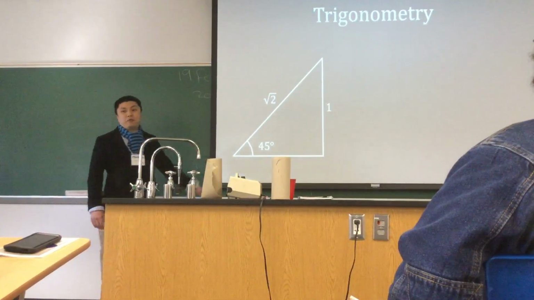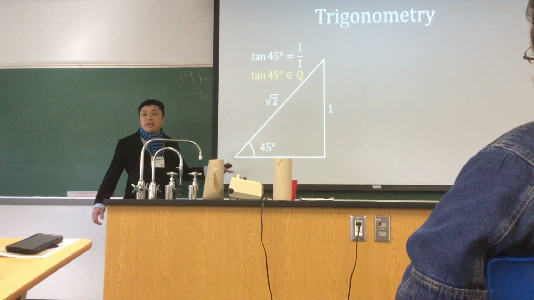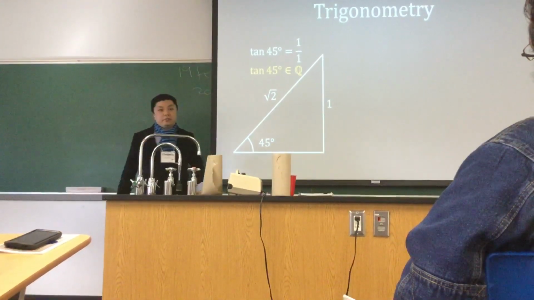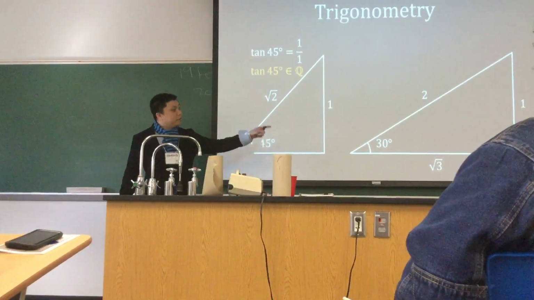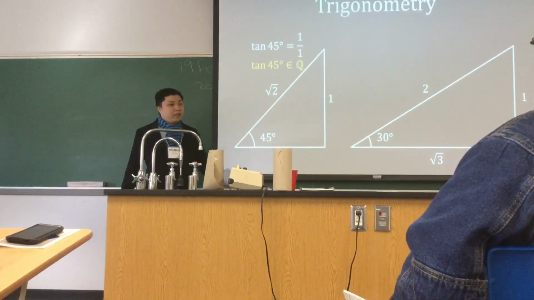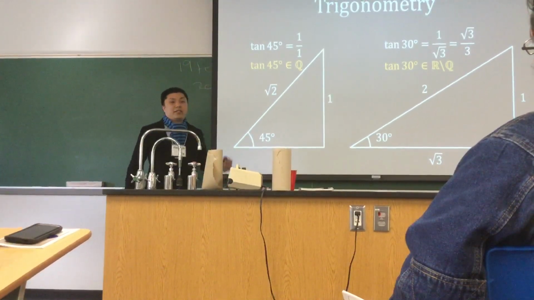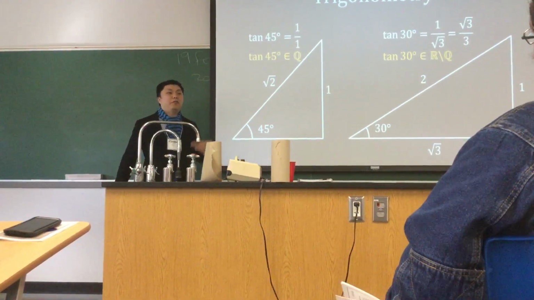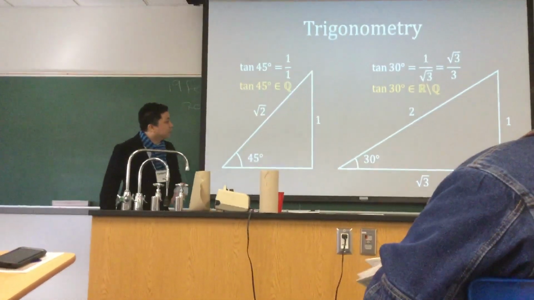So for example, if you have a 45-degree right triangle, there is a ratio of 1 over 1, so you will get a rational tangent 45 degrees. But in another example, there's 30 degrees, and you will find the opposite side 1 and adjacent side square root of 3. That's going to be irrational. I'm not going into the detail why this is irrational because it's out of the scope of this topic, but I'm pretty sure all of you know that this is irrational.